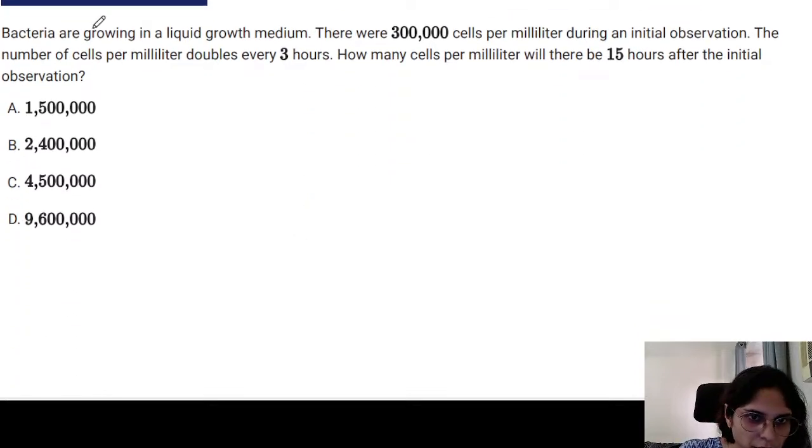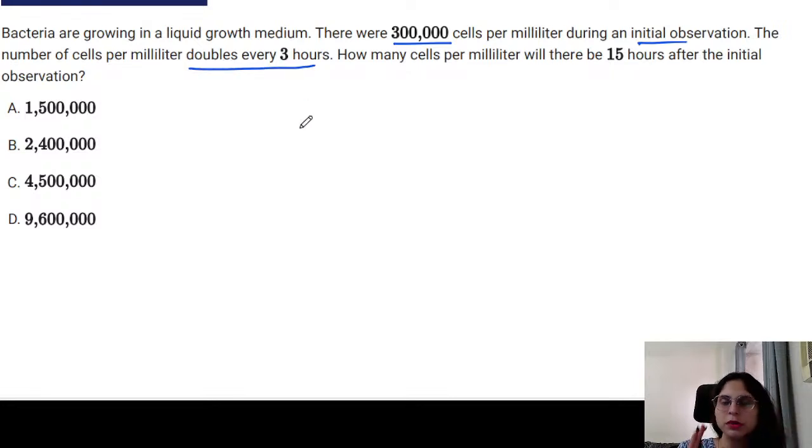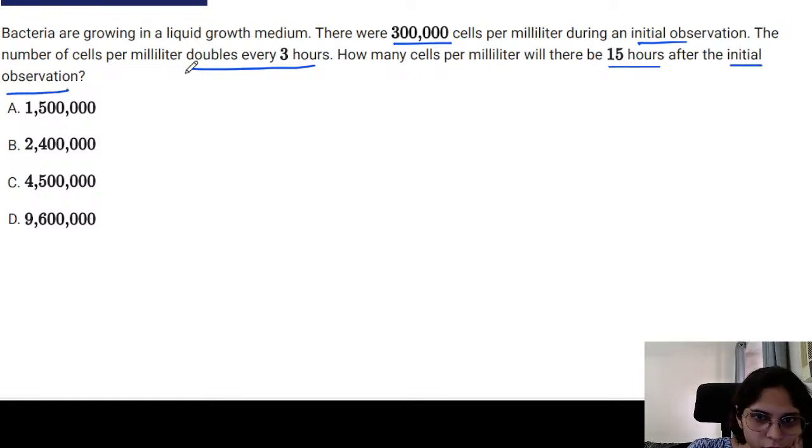So bacteria are growing in a liquid growth medium. There were 300,000 cells per millimeter during an initial observation. Number of cells per millimeter doubles every 3 hours. So they're talking about doubling. That means it's exponential. How many cells per millimeter will be there 15 hours after the initial observation? So your A value is 300,000.